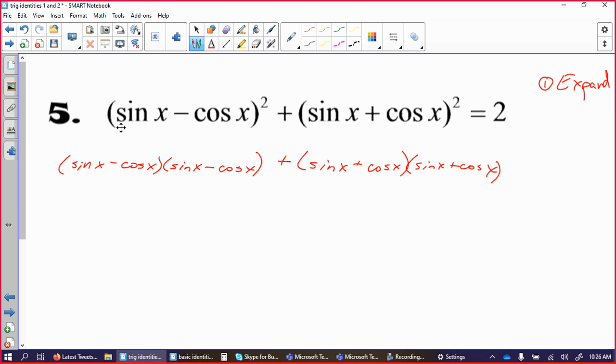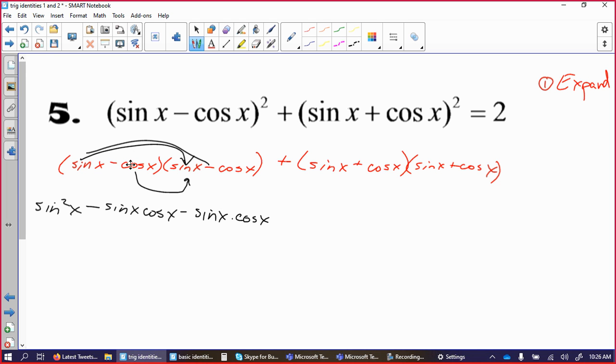All right. Sine times sine is sine squared x. Sine times cos is minus sine x cos x. Negative cos times sine is negative, I'm going to write it the same way, sine x cos x.